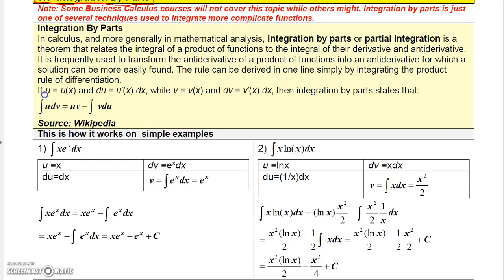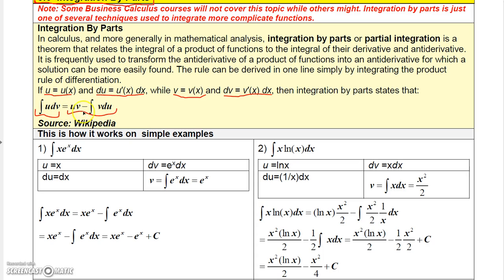Let's say that u is a function of x and du is the derivative of that times dx. And let's say v is a function of x and dv is the derivative of that function times dx. Then there's a method called integration by parts, which says the integral of u dv is equal to uv minus the integral of v du.